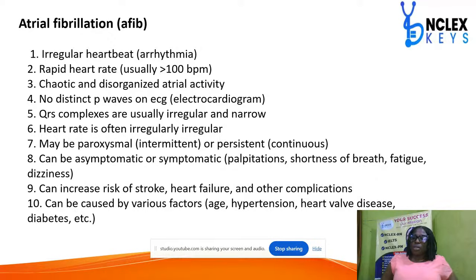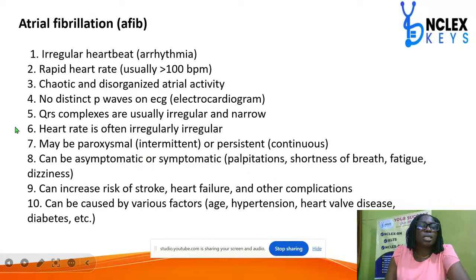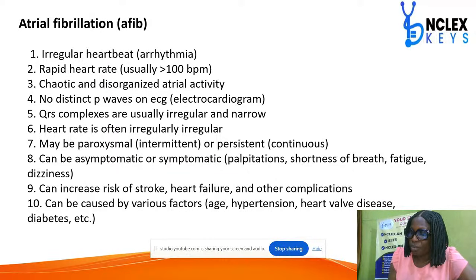So let's go to AFib. And after AFib, we go to SVT. I will make sure we get it done. Now, AFib is irregular. Okay, thank you. AFib is what? Irregular.